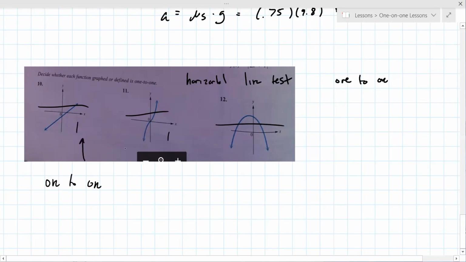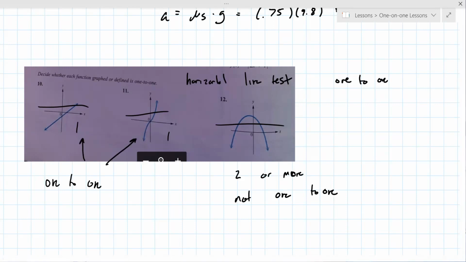So these are both 1-to-1. If it hits it two times, like this, or more, it's not 1-to-1. So that is one way you can do it based on the graph itself. So the answer here is yes, yes, and no.